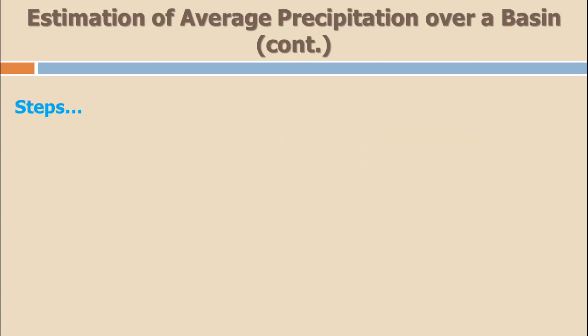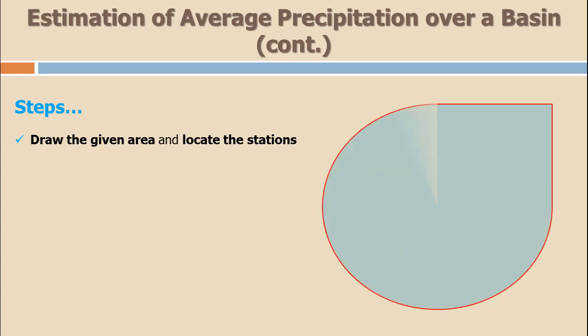These are now the steps. The first step is to draw the given area according to a certain scale and locate the stations where precipitation gauges are located. So this is, let's suppose, the catchment area, and these are the stations.